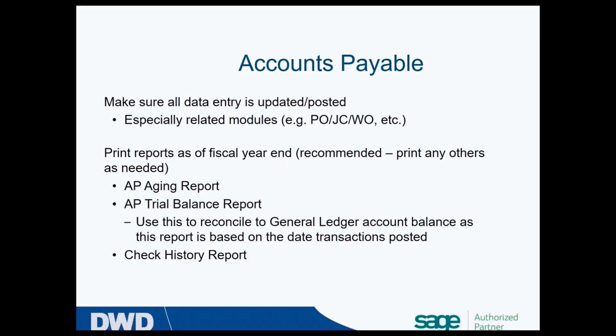So we want to look a little bit at the aging report. As a side note, the aging report is based off the invoice date, and I'll call that the document date. The AP trial balance report is actually based on the general ledger posting date, regardless of what the AP invoice date was.